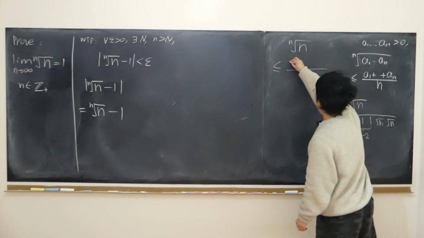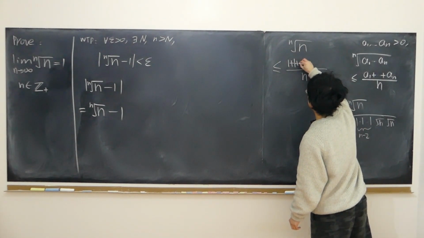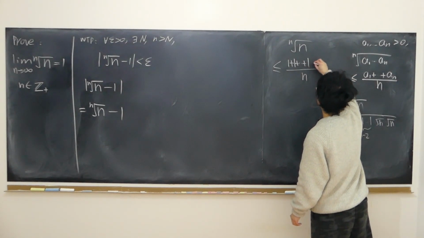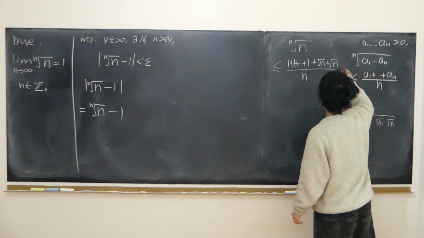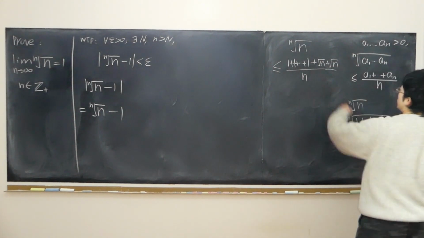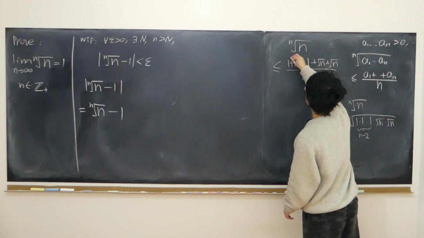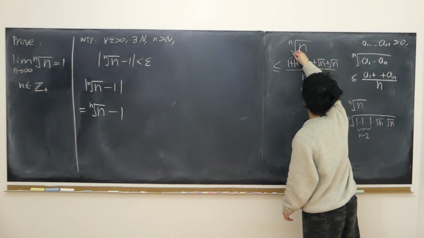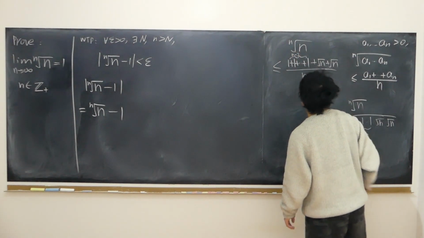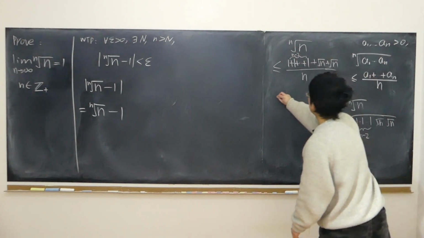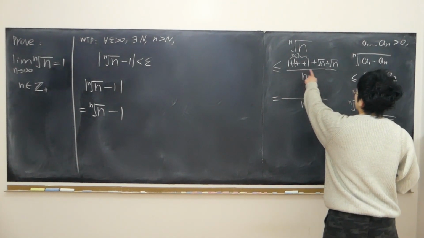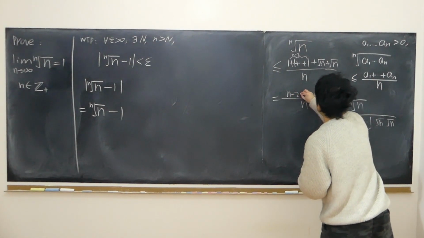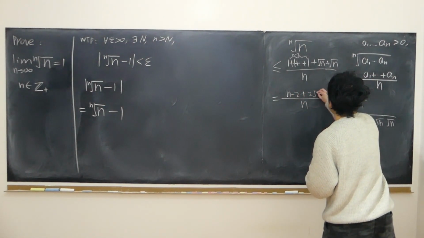So I have 1 plus 1 plus all the way up to 1, and plus square root of n plus square root of n. Like I said, how many ones do I have? I have exactly n minus 2 ones in here. So that is equal to dividing by n, n minus 2 plus twice the square root of n.